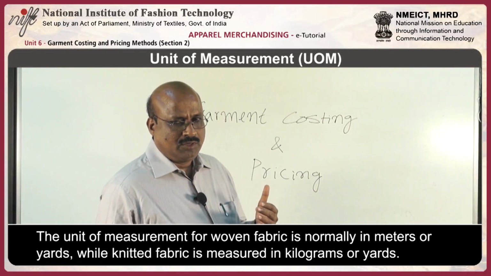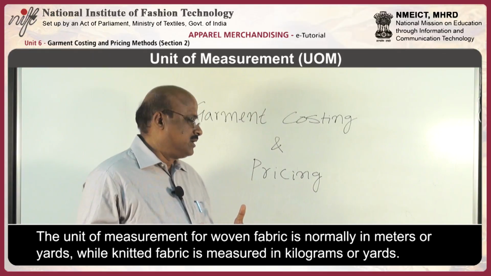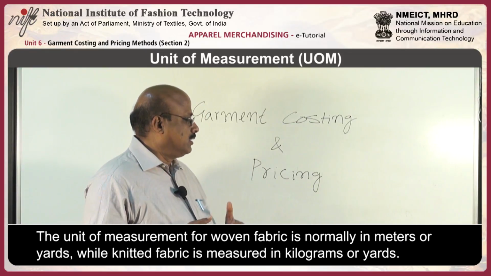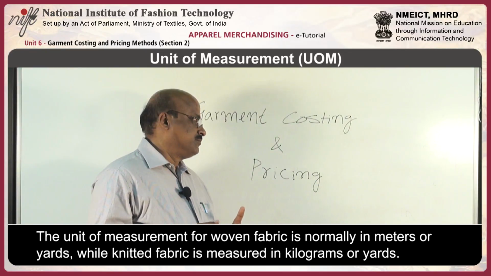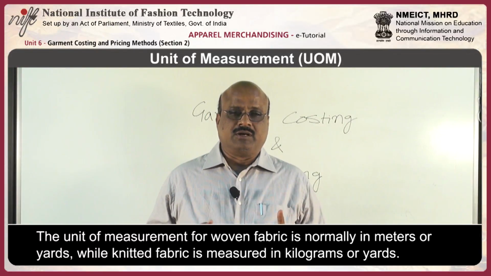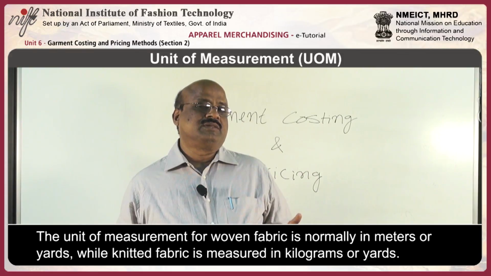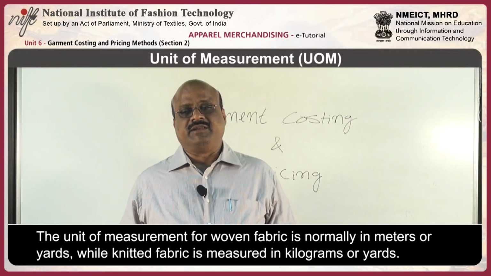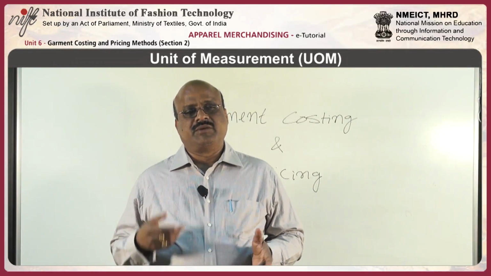So generally woven fabrics are measured in terms of meters or yards, while knitted fabrics are generally measured in terms of weight in kilograms, or sometimes also in yards.